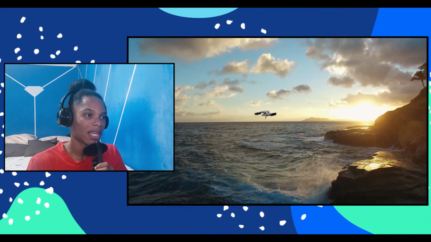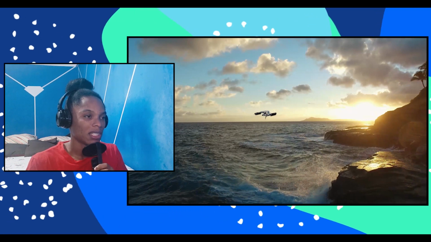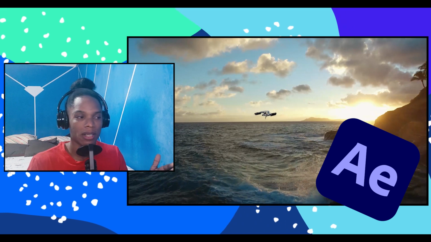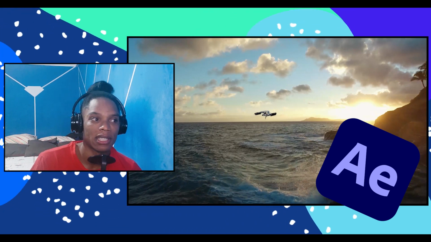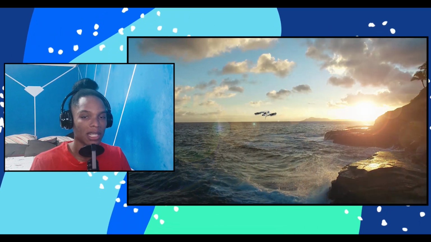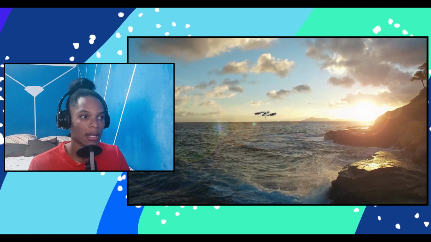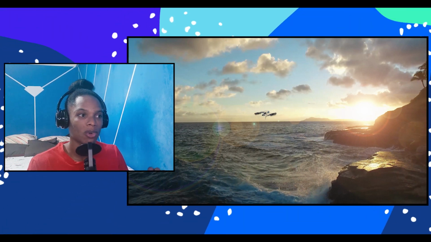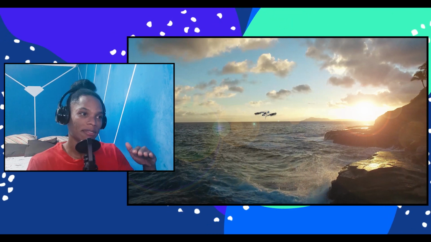And I think the way that this could have been achieved is in After Effects, Adobe After Effects. If this is what they use, there's the option to add additional lighting, and you could use the environmental lighting, or add in a particular lighting of sorts, and then place the direction of that lighting, so it would make it easier for it to look more realistic whilst the ship is flying.